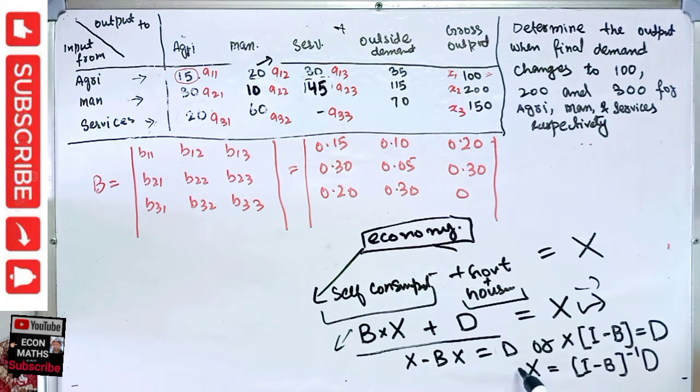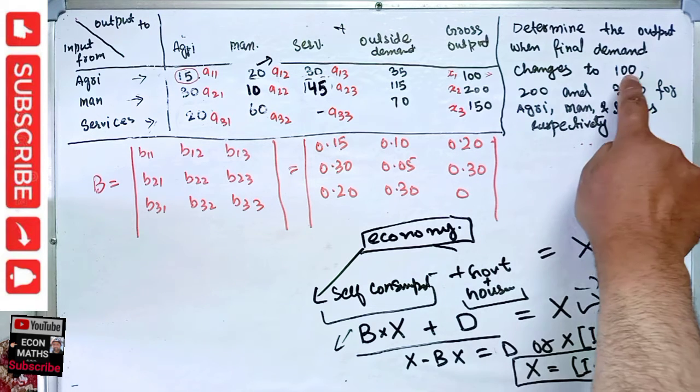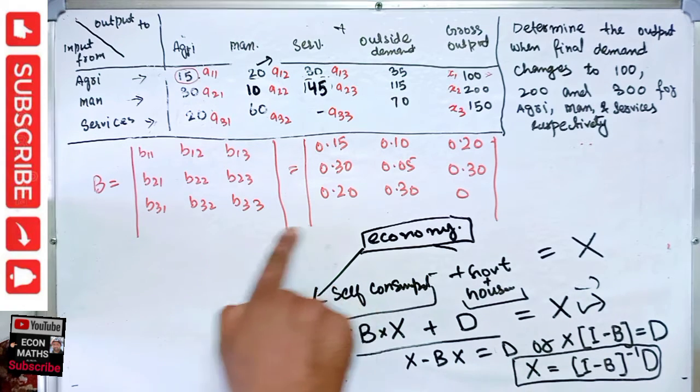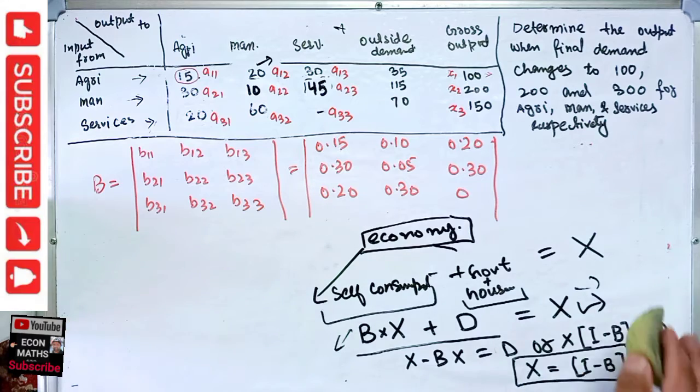So this very equation will give us the output level to be produced when the final demand changes from 100 to 100 and 300. Basically, I have made a video on the input output model earlier, and there I have shown you in detail how we interpret these numbers.